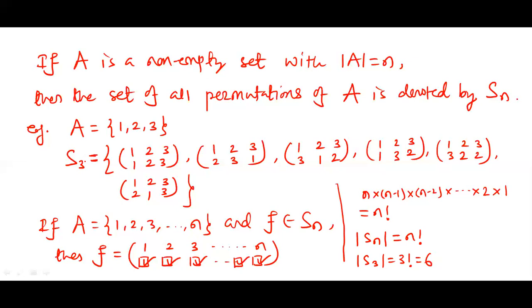See, in S3 we have 6 elements. Similarly, S4 contains 4 factorial, means 24 elements. S5 contains 5 factorial, means 120 elements, and so on.